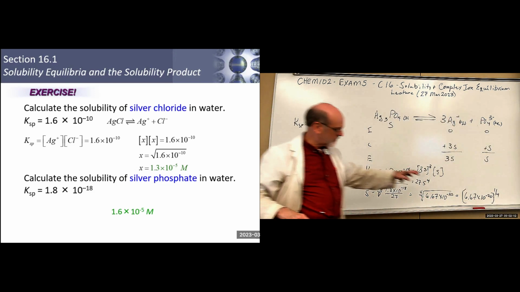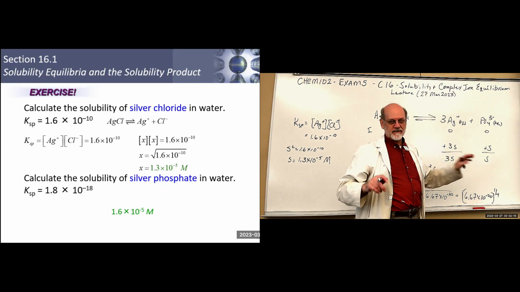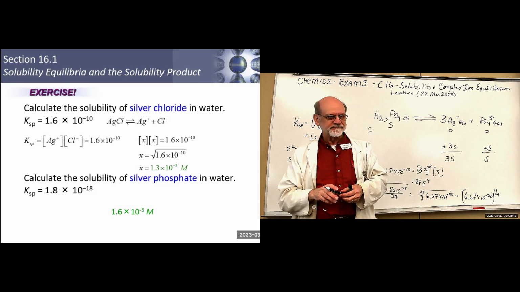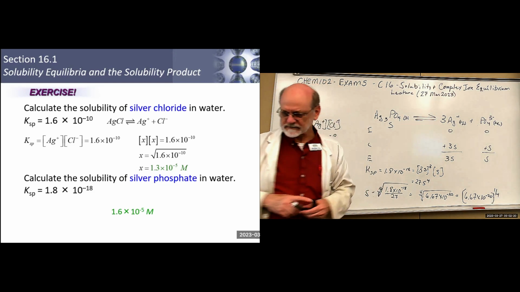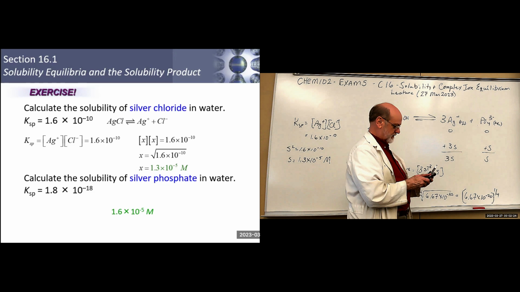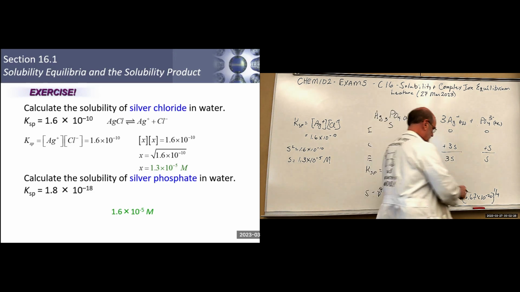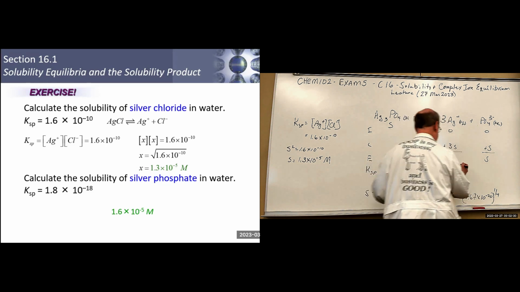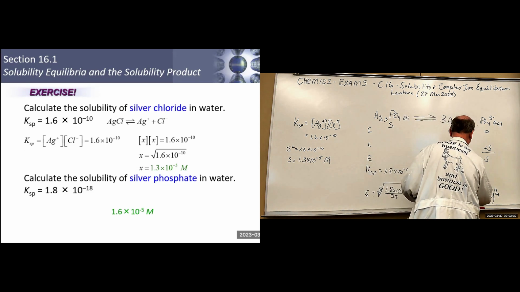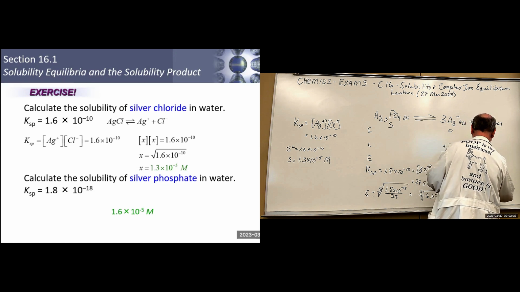So I would punch this number in, and then I would punch 0.25 for 1/4 and hit the y to the x key, which is what I need to do now. So let's see, 0.25 and then hit this key right here. 1.61. So S equals 1.61 times 10 to the minus 5 molar.